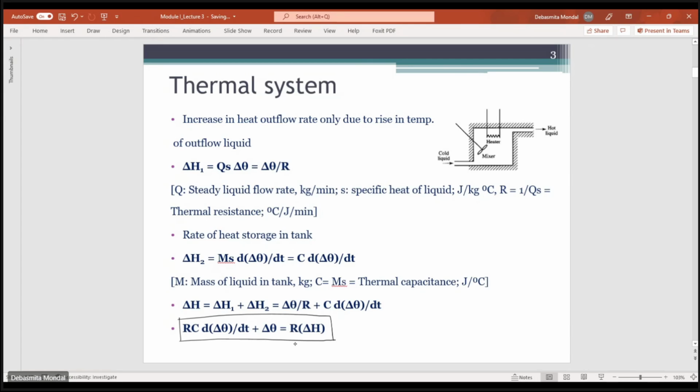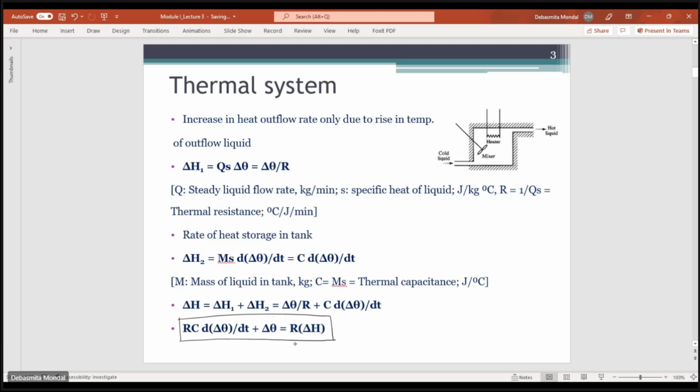Nearly perfect thermal system means that it is not having any kind of loss, or the insulation is perfect, and the temperature of the mixing is perfect. So we were considering idealized conditions.